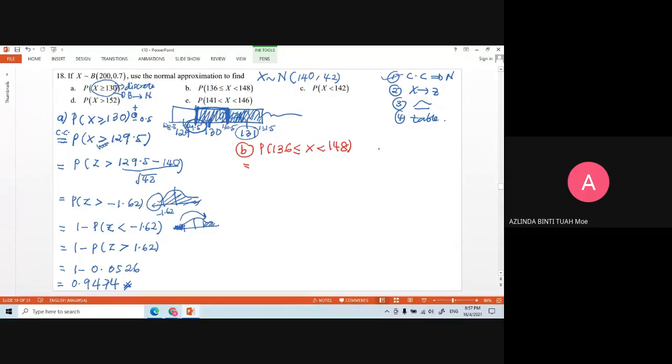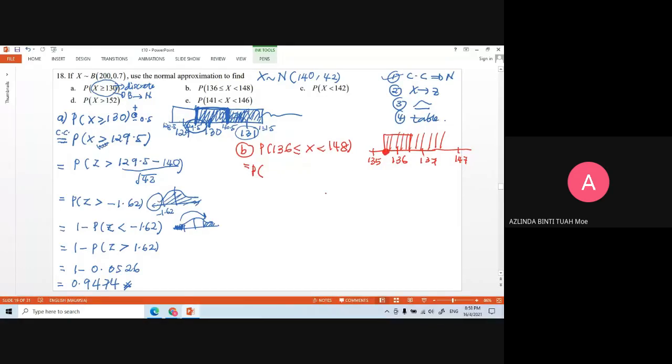Okay, 136. 135, 137. Okay, so dia start dari 136, including 136 sampai 147. So it starts from dari sini.